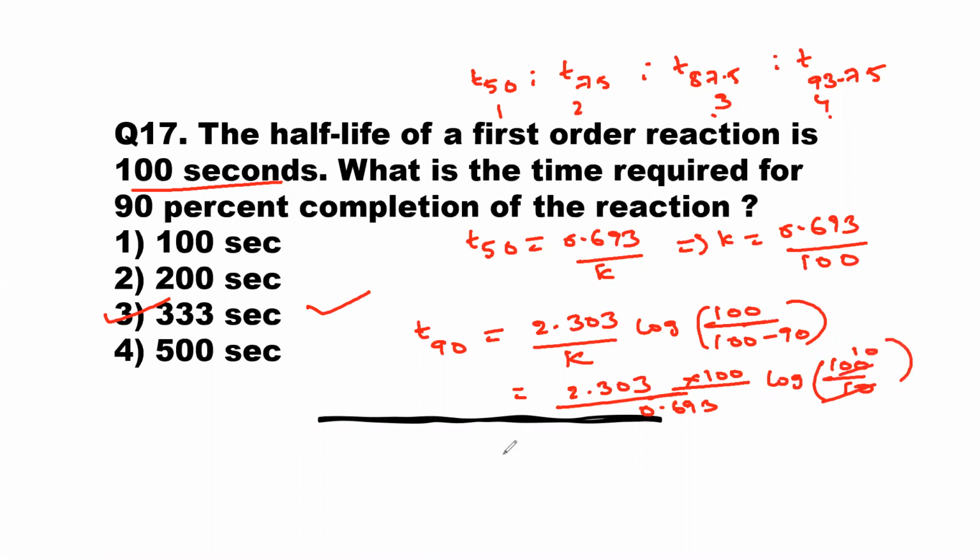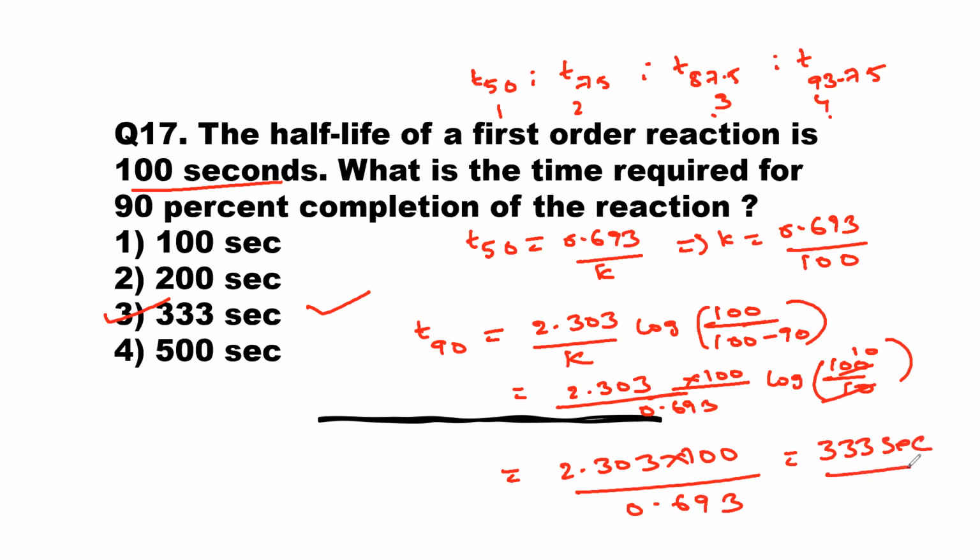Log 10 to the base 10 is 1. So the final answer is 2.303 into 100 by 0.693. That is the time taken for the reaction to complete 90% from the integrated first order equation. So how much is it? It is equal to 333 seconds, even if you calculate this, but it's a lengthy method.